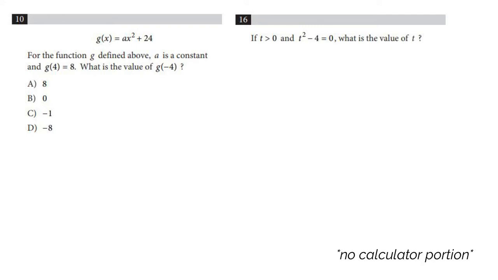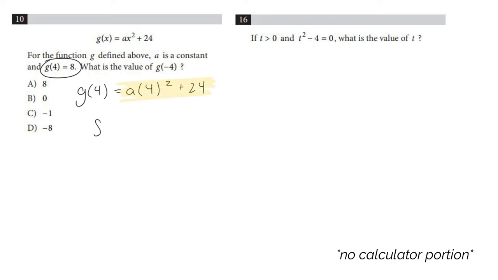For the next problem, I need to find the value of g of negative 4. So when I say g of 4 equals 8, all that means is if I plug x in, everywhere I see x, if I put 4, then this side of my equation would equal 8. So I can write it out that way.